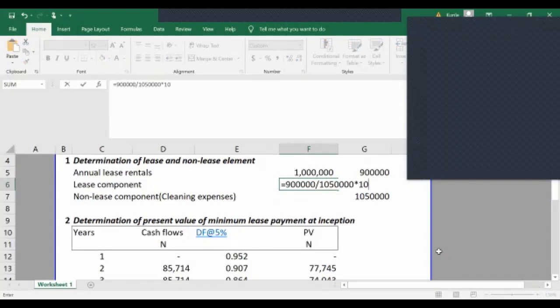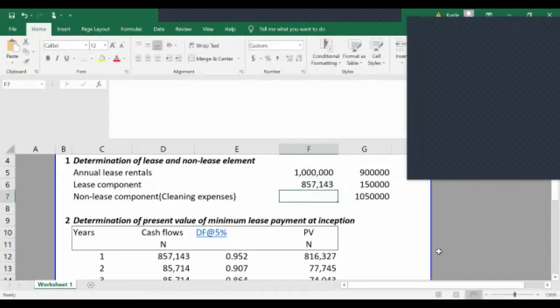Multiply it by the 1 million naira for this particular lease arrangement. That gives us 857,143. That means from this 1 million naira, 857,143 represented the lease component.